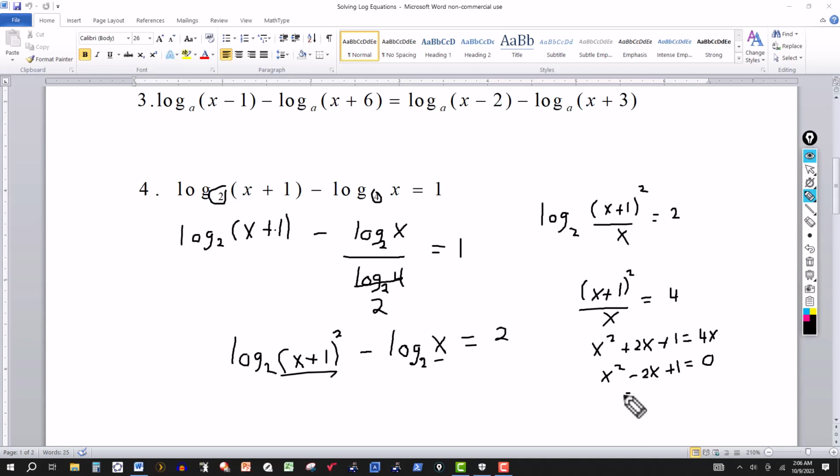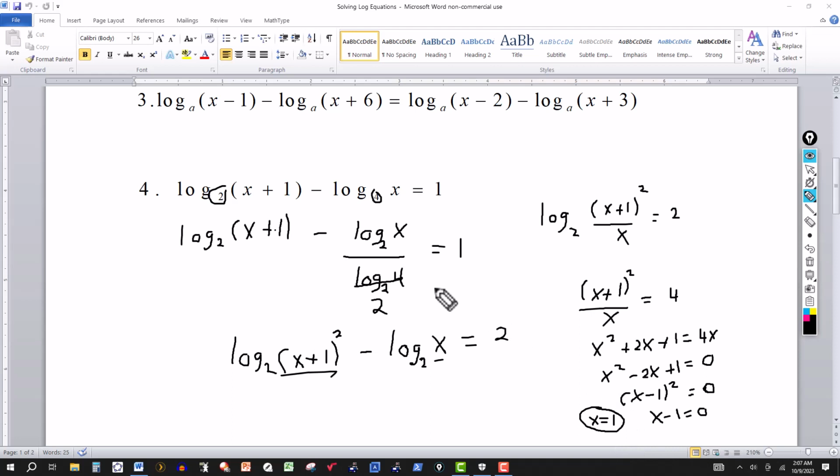And then this factors into x minus 1, quantity squared, equals 0. And then taking the square root of both sides, square root of x minus 1 squared is x minus 1. Square root of 0 is 0. And we get x equal to 1, which you probably could have done by inspection. But sometimes they get more complicated than that. So you have to go through these steps here. So the answer to this one is 1.